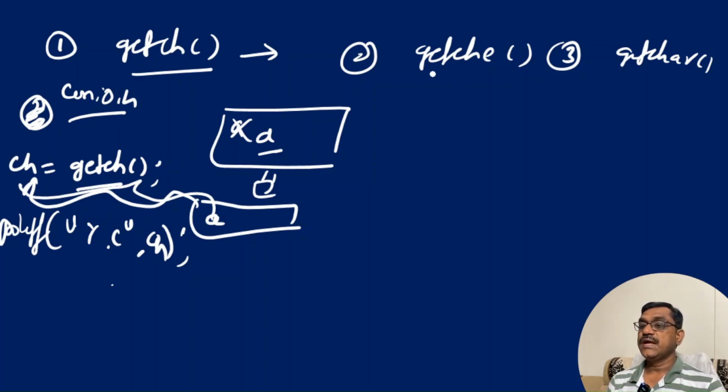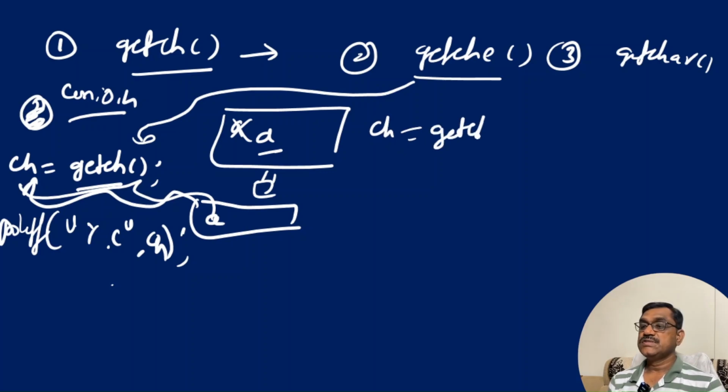Now coming to getche, it is mostly similar to getch. But here the extra character we are using is E. E means echo.